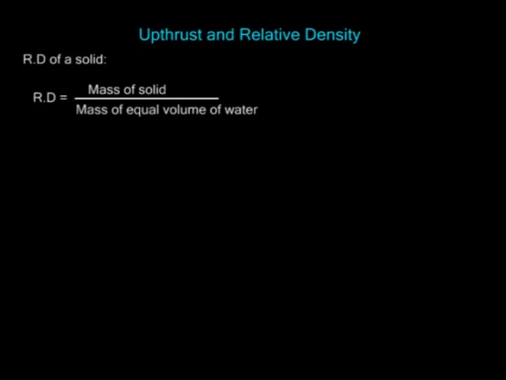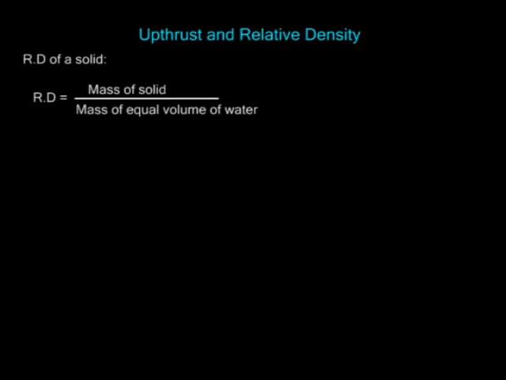Upthrust and relative density. The Archimedes principle can be used to determine densities of substances, both solids and liquids. Relative density of a solid. Relative density of a solid is equal to the mass of the solid over the mass of an equal volume of water.